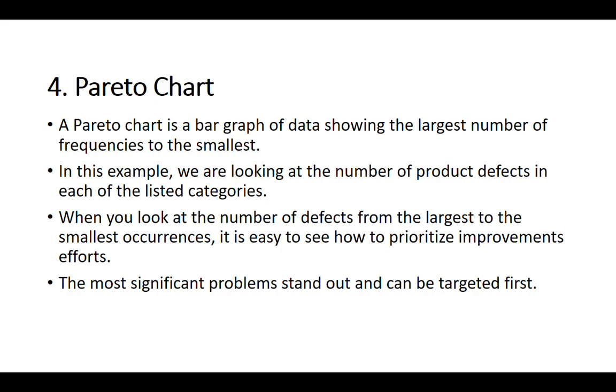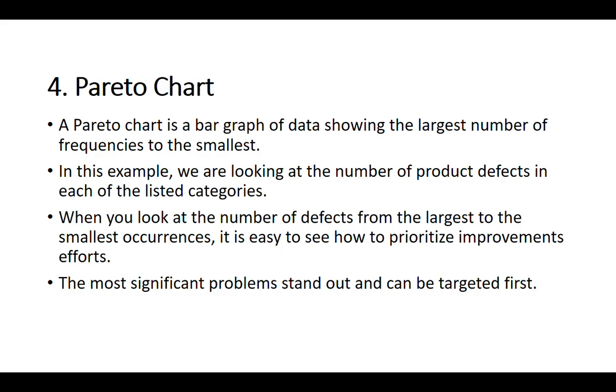Then you start arranging from largest to smallest. The one that has more defects is the one where they are making many errors. Possibly if more defects are there on Friday, then maybe people are very tired. They have been working all through the week. So that means you need to intensify monitoring on Friday.